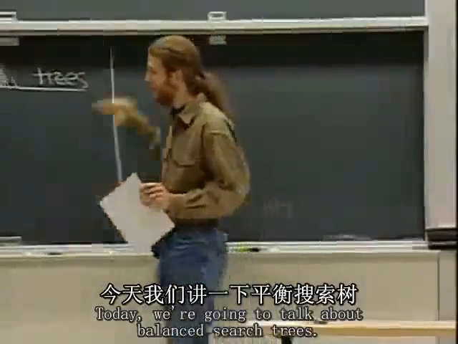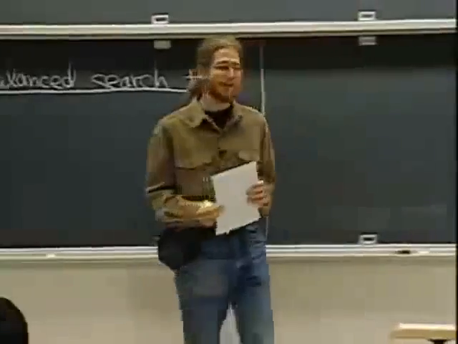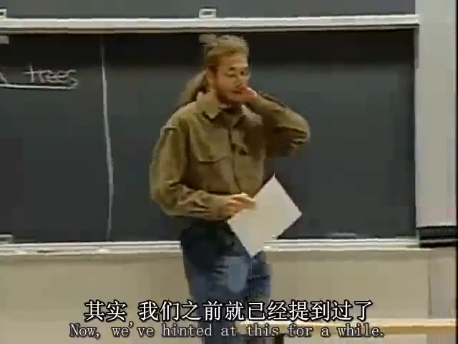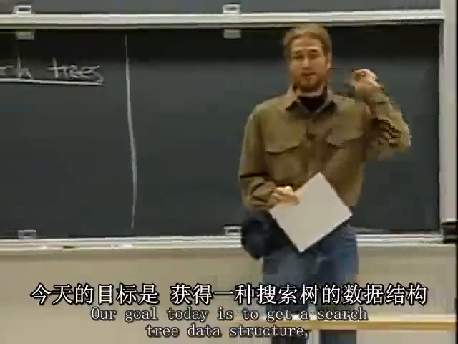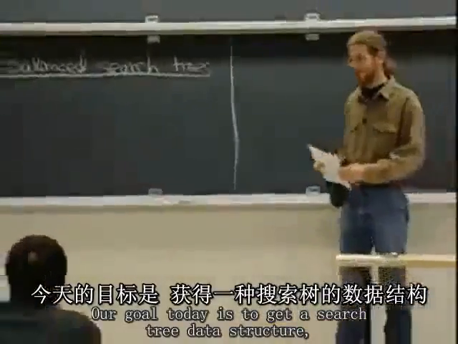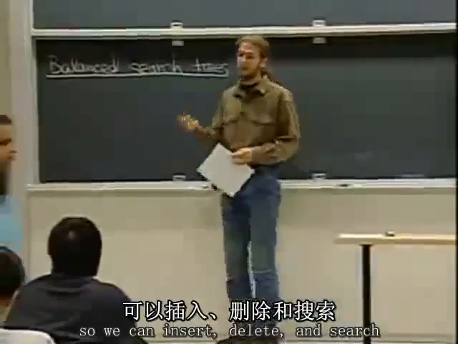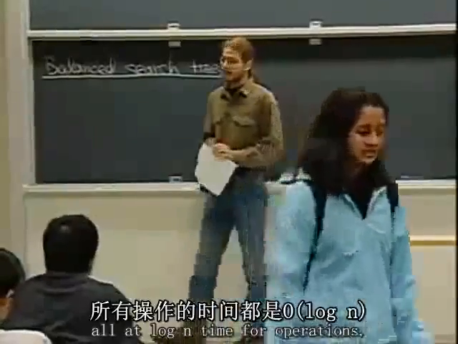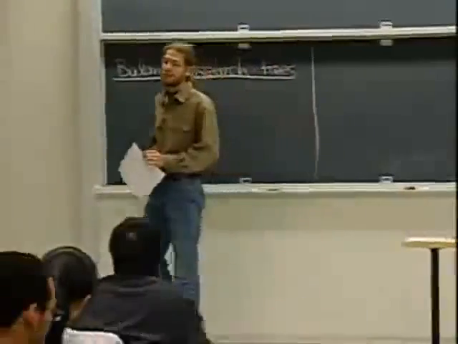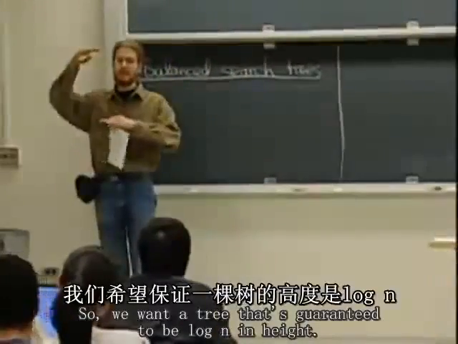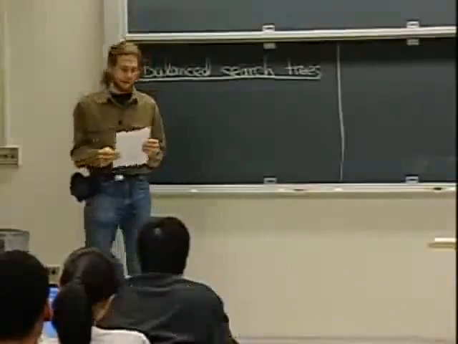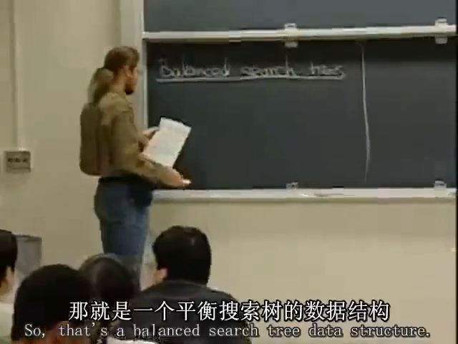Today we're going to talk about balanced search trees. Now, we've hinted at this for a while. Our goal today is to get a search tree data structure so we can insert, delete, and search, all in log n time per operation. So we want a tree that's guaranteed to be log n in height. That's a balanced search tree data structure.